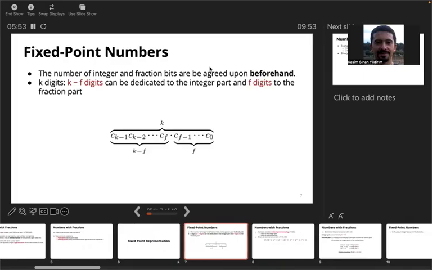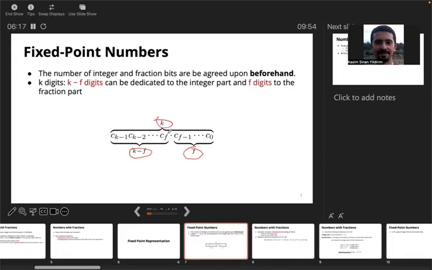It's pretty straightforward. If I have k bits to represent a number, for example 4 bits, 8 bits, 16 bits, f bits will be used to represent the fractional part, and the remaining k minus f bits will be used to represent the integer part of the number.